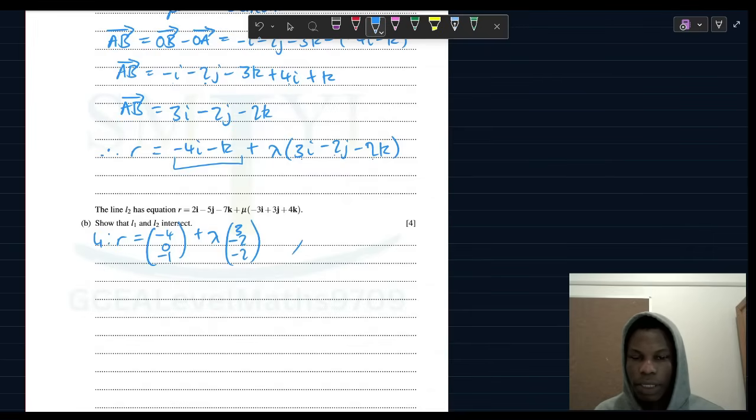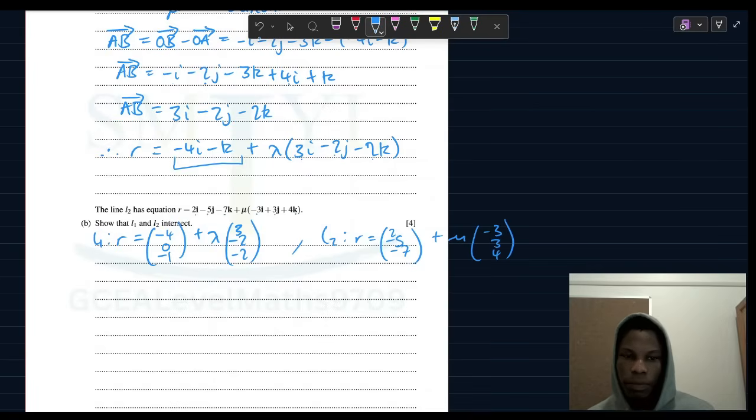And we want to do the same for L2: r is equal to (2, -5, -7) plus mu times (-3, 3, 4).